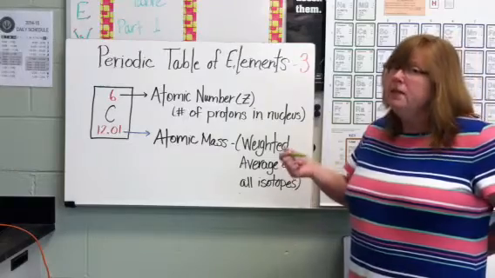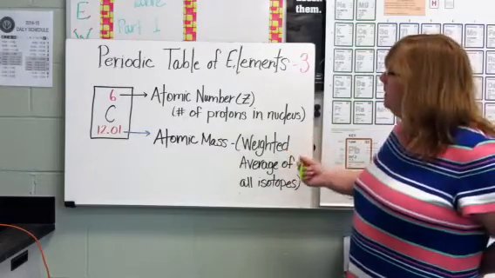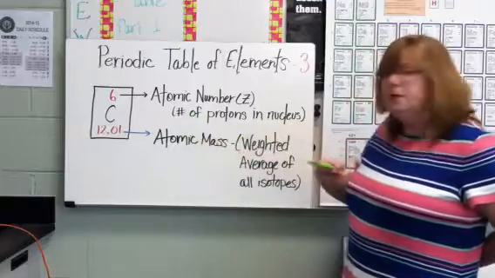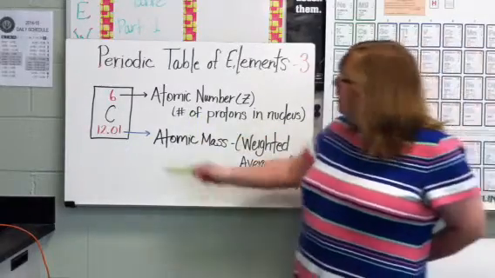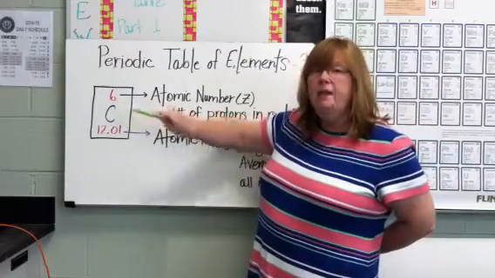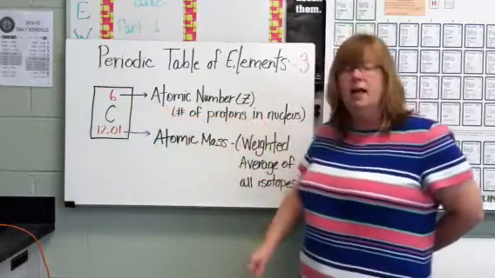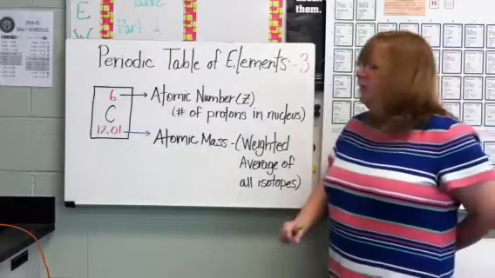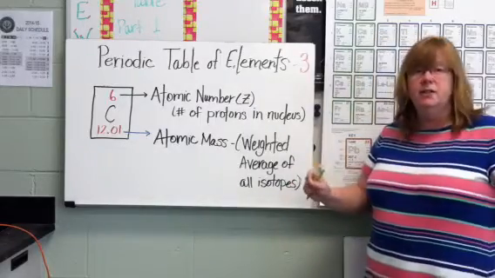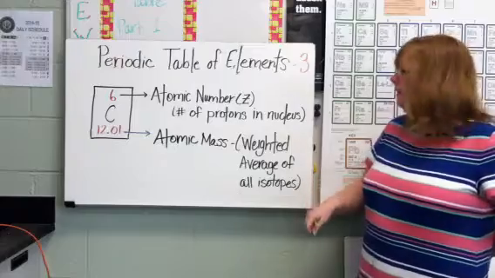So a lot of people define atomic number simply as the number of protons in a nucleus. For carbon, the atomic number is 6, and there are 6 protons in the nucleus of every single carbon atom. If there's not 6 protons in the nucleus, then it's not carbon.